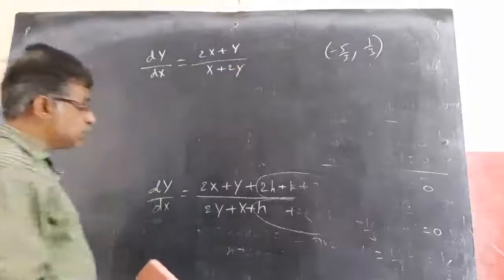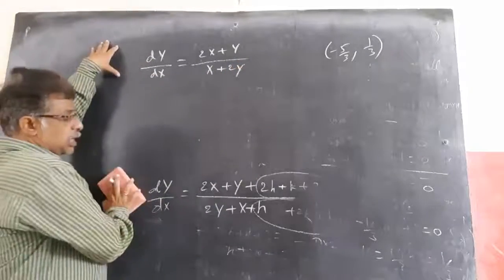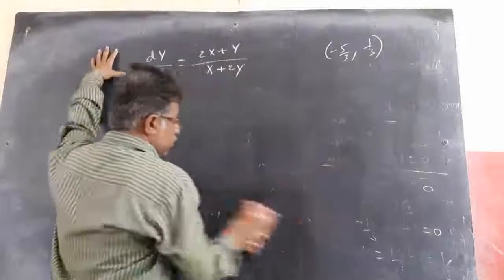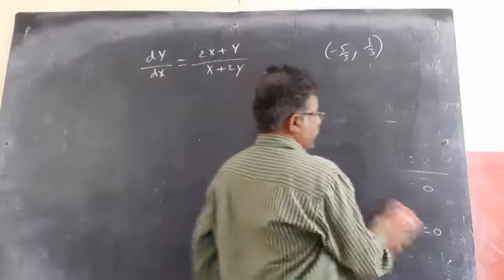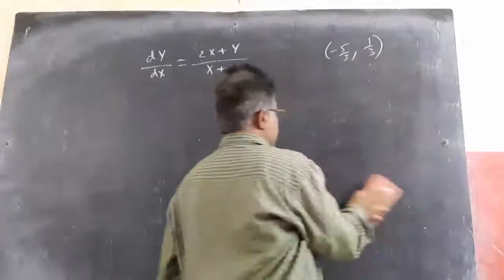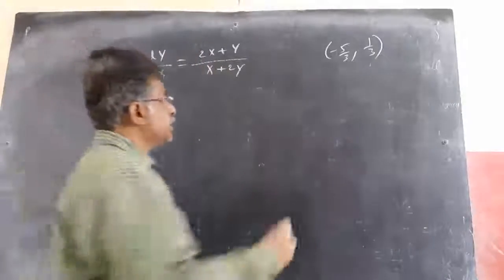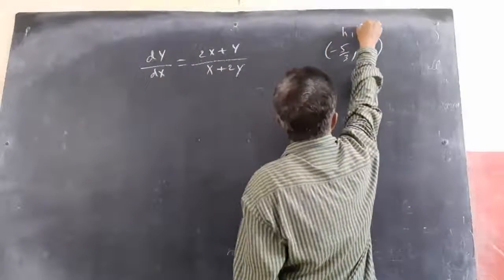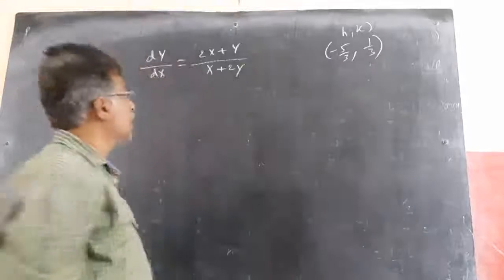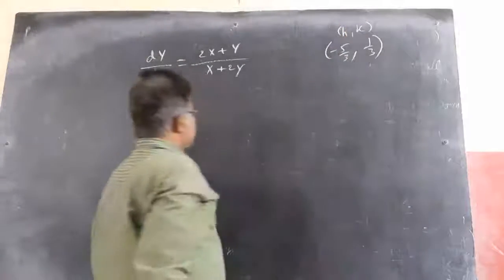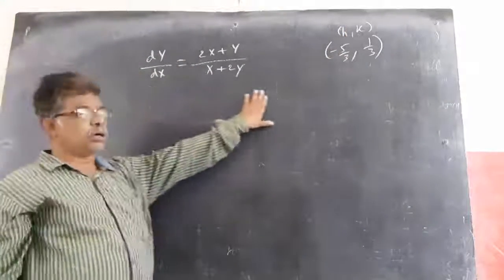So this is a homogeneous equation. So non-homogeneous is converted into homogeneous by shifting the origin to minus 5 by 3 comma 1 by 3. This is h comma k, we should get. Now this is a homogeneous equation. We know how to solve.